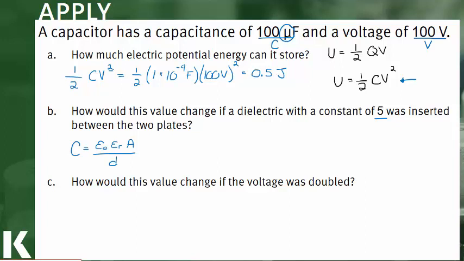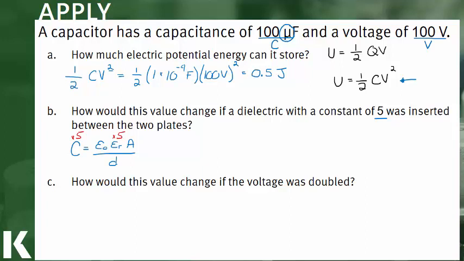If we started out without any dielectrics, and we can assume so since we are inserting one, we started with a dielectric constant of 1, and we are inserting something that has a dielectric of 5. That means that we are increasing our dielectric constant by a multiple of 5, which means that we're going to increase our capacitance also by a factor of 5.